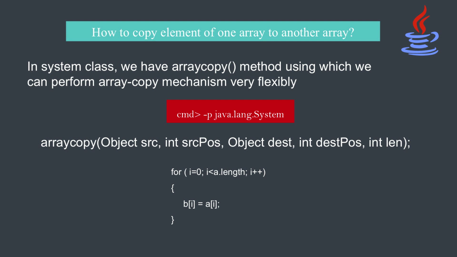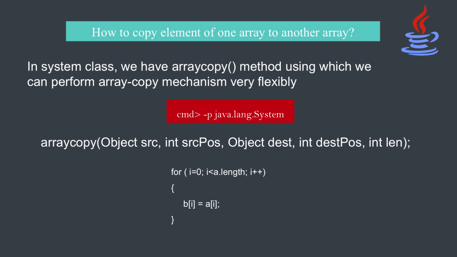The first parameter is the source object, the source array, here array A, followed by the index position of the source. So from which index position in the source array we should start copying.